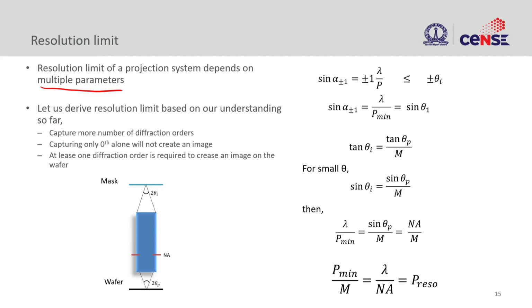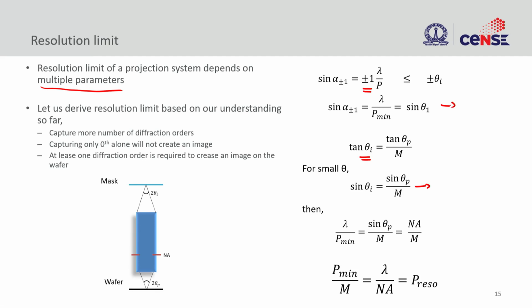If I take only one order that is coming out, and this is something we already saw earlier, what is the magnification that we see, and for small angles of diffraction coming out of the mask, one can write tan theta I as sin theta I, and then we can equate this with what we already know.